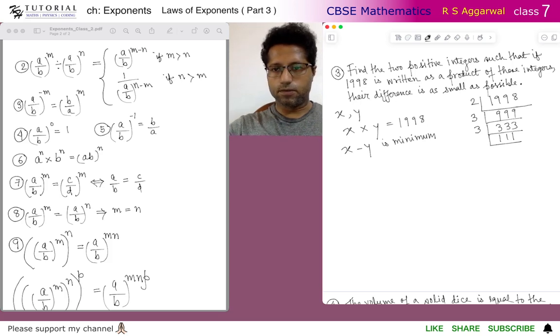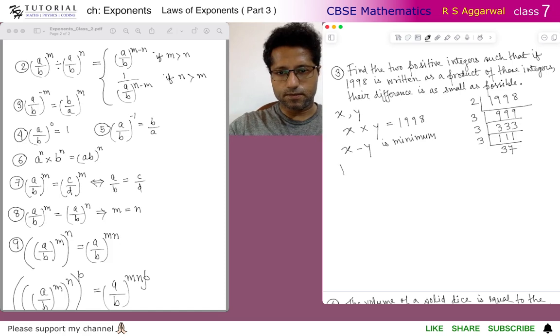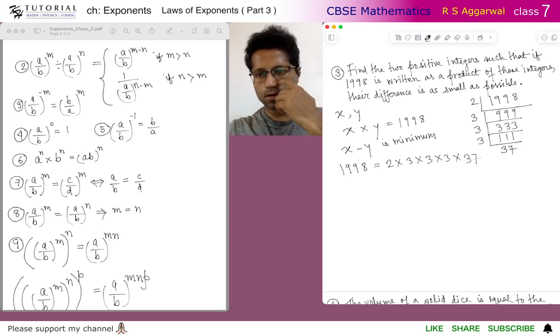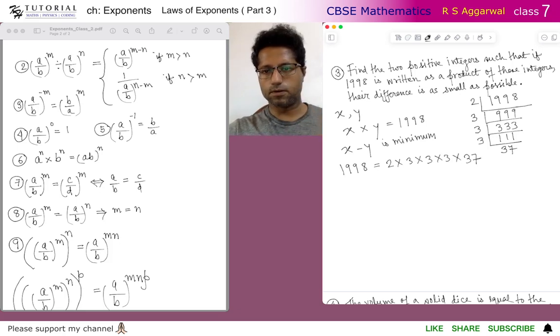If we again divide by 3, we have 37. Now we have no more factorization. So we see that 1998 equals 2 multiplied by 3 multiplied by 3 multiplied by 3 multiplied by 37.